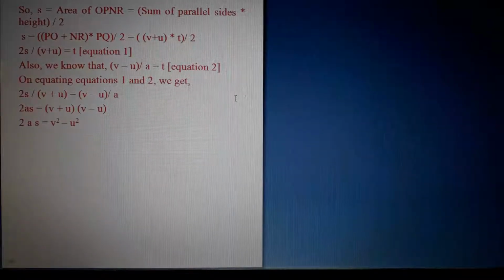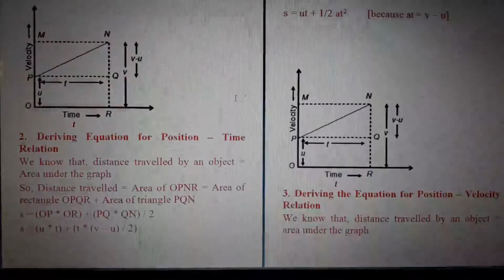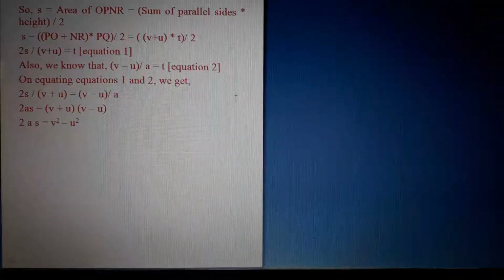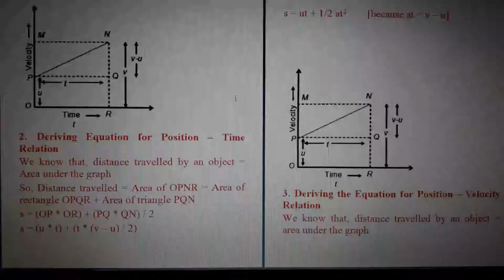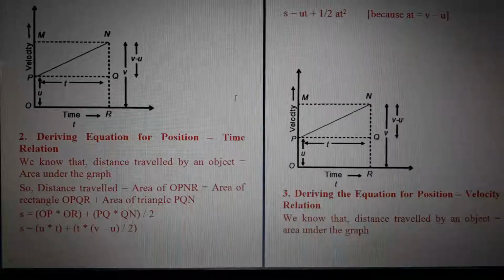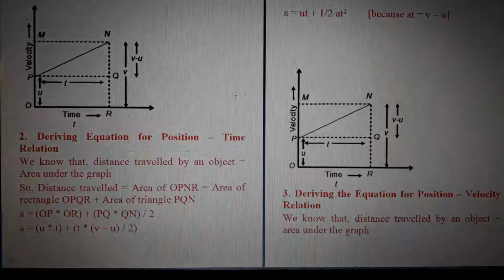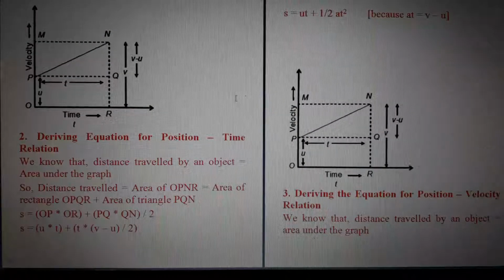Let's see, if we substitute those values, what will we get? What is PO? Come here, what is PO? PO is U. What is NR? NR is V. So PO plus NR gives what? V plus U. What is PQ? Come here, where is PQ? PQ is here. What is PQ?